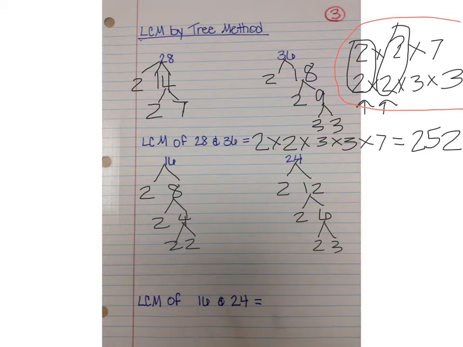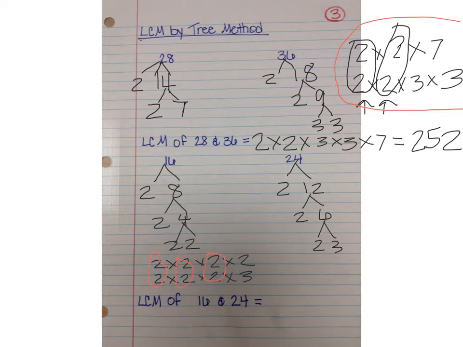Okay, so to find the LCM, we're going to list those numbers. Let me see if I can do it right here. Okay, so we have 2 times 2 times 2 times 2. That's 4 of them. And we have 2 times 2 times 2 times 3. Okay, so our common ones are right here, and right here.